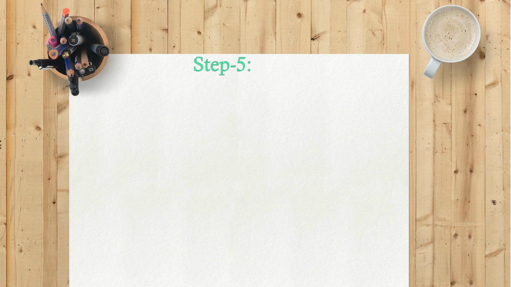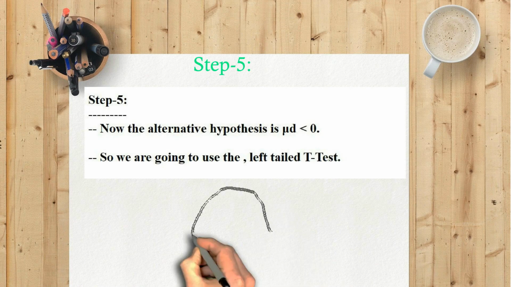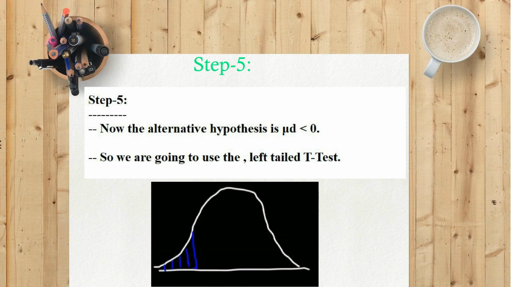Step 5. Now the alternative hypothesis is mu d less than 0, so we are going to use the left-tailed t-test.